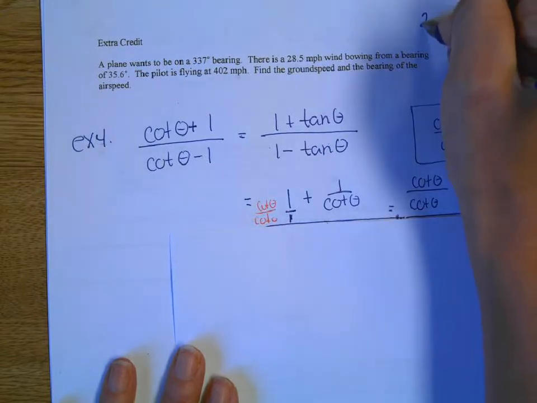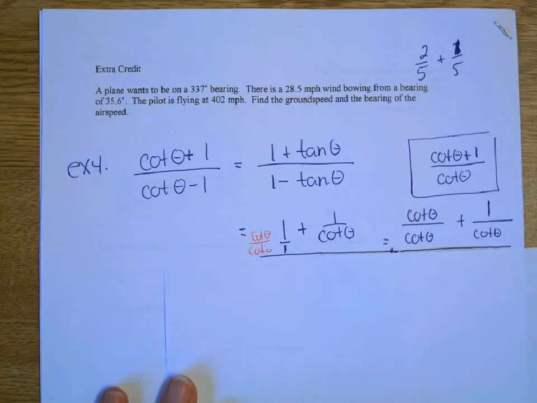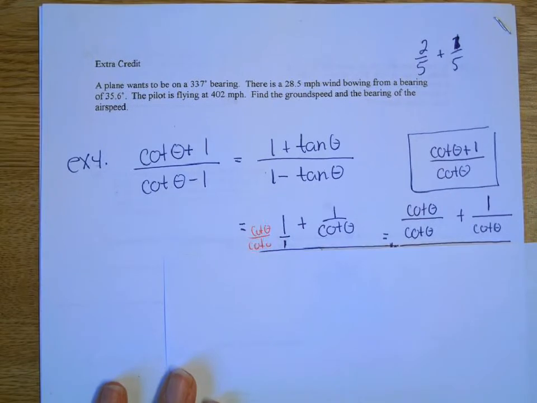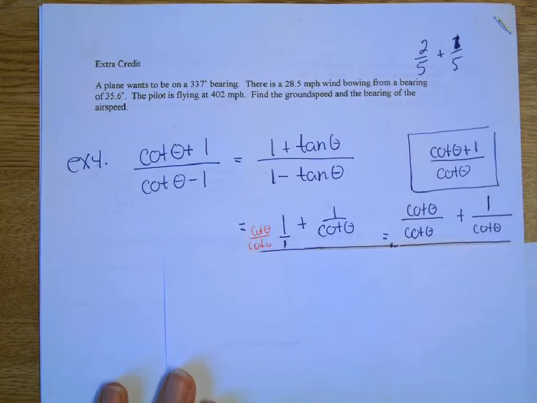If you had 2/5 plus 1/5, what would you do with those fractions? 3/5. You only add the numerators over the common denominator. It's the same thing with trig functions. You add the top two, and the denominator never changes when you add.